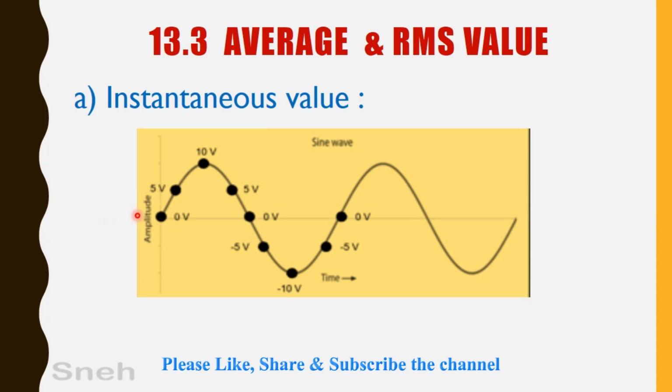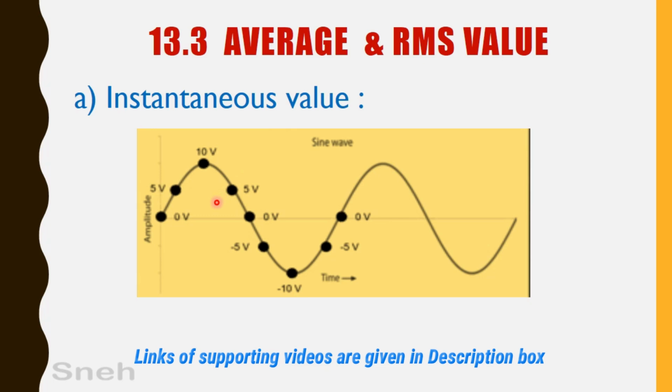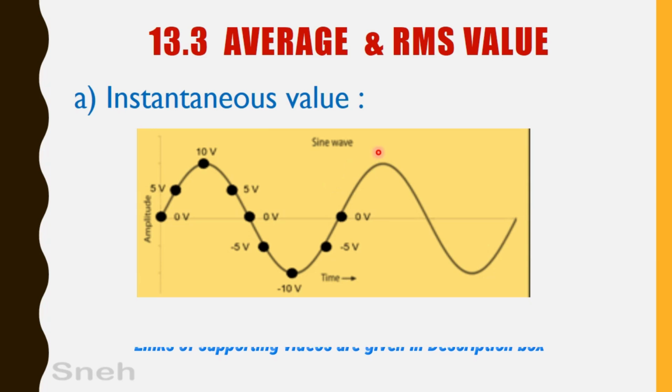From our last time's knowledge, we know that as the wave is starting at 0, this wave is a sine wave. It may be representing EMF or voltage, but since here I have written 10 volt, 5 volt, I say that this wave is representing alternating EMF.